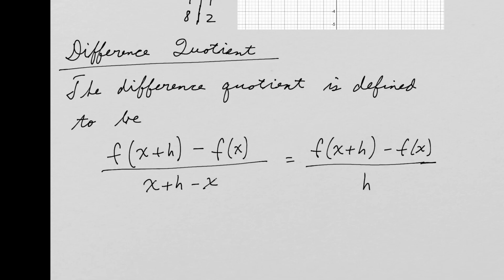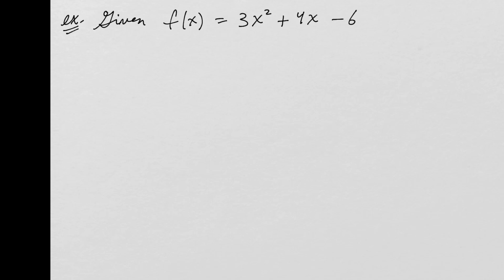So for example, I'll just do one example on this. Let's say we're given f of x is equal to 3x squared plus 4x minus 6, and I want to find the difference quotient.